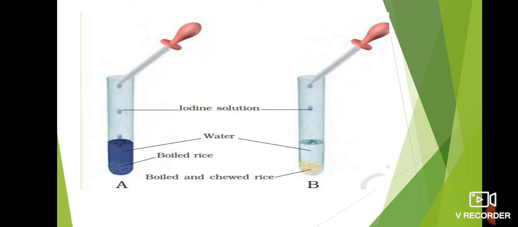So it doesn't show any color in the presence of iodine solution. Iodine solution doesn't change color on sugar. It only changes color on starch. Boiled rice in test tube A has not been exposed to saliva. So starch is present, which is indicated by the blue-black color on addition of iodine solution.